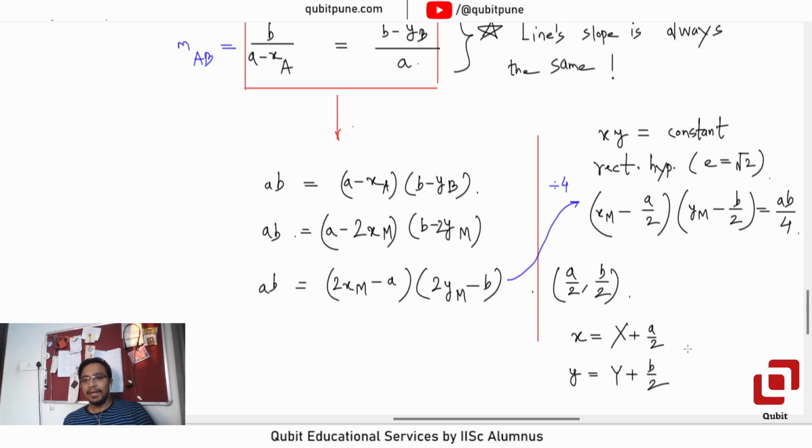And if you do that, then this equation will change to capital X into capital Y equal to ab by 4, and that is a hyperbola. Okay, understood? Raise your hands if you understood it.